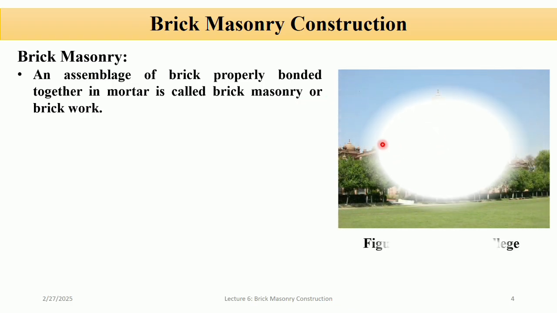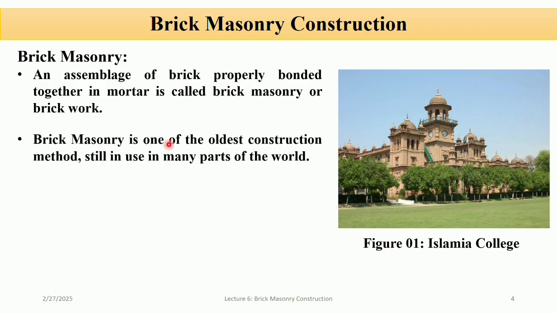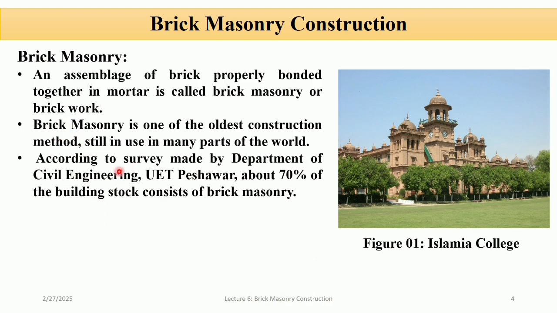This is an example of brick masonry. This is Islamia College, which is built from brick. Brick masonry is one of the oldest construction methods and it is still used in many parts of the world. According to a survey made by the Department of Civil Engineering, UET Peshawar, about 70% of the building stock consists of brick masonry.